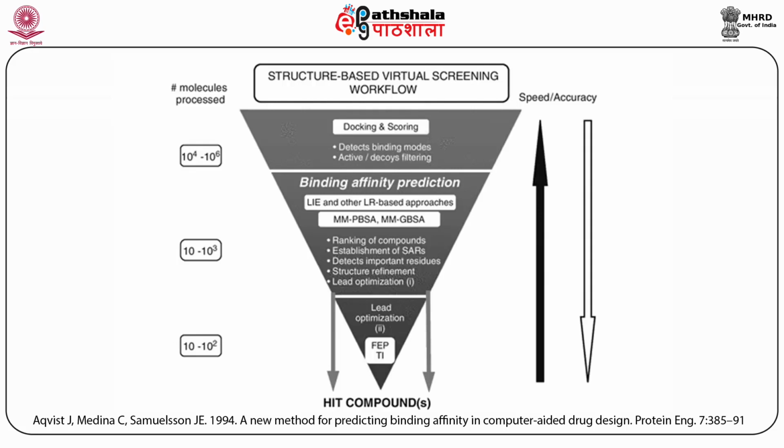Not only the theoretical system building and running the computer programs efficiently, but also the number of molecules if we are processing with this method in a virtual screening kind of flow. This was estimated long back by a group of Samuelsson and Aqvist, and it shows the accuracy and speed of the methods. Obviously, accuracy gets better and better if we do a pure free energy perturbation calculation.